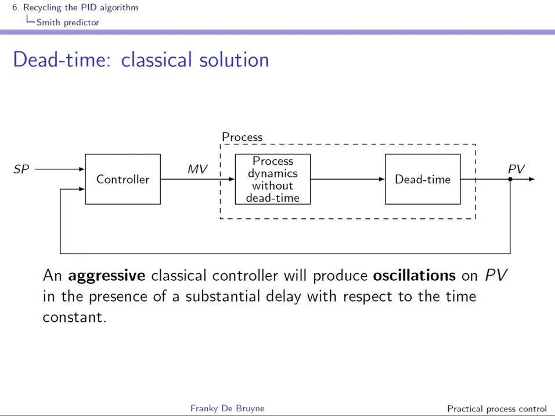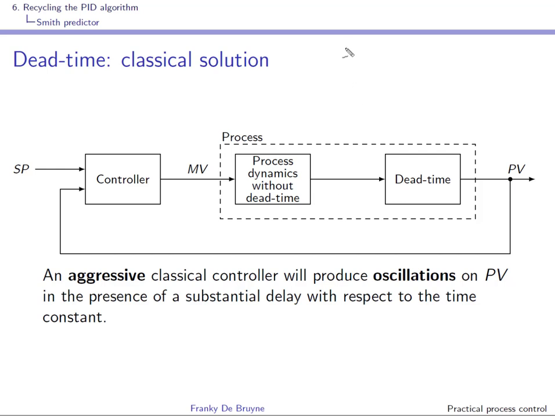So in this subsection, what we'll do is split the process in dead time, and the rest of the dynamics we'll put it in a block, and we'll call it process dynamics without dead time.